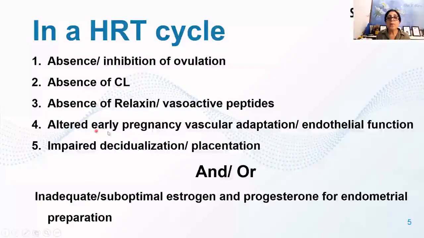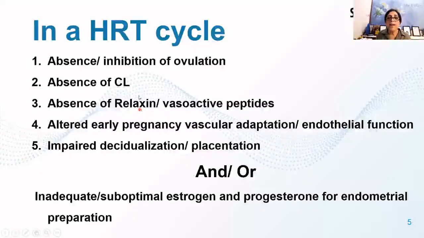And because of this, there is altered early pregnancy vascular adaptation and endothelial function and impaired decidualization and placentation. This all leads to altered cardiovascular adaptation and leading to hypertensive disorders of pregnancy in patients who've had an artificial cycle for an FET cycle, artificial HRT cycle for an FET.